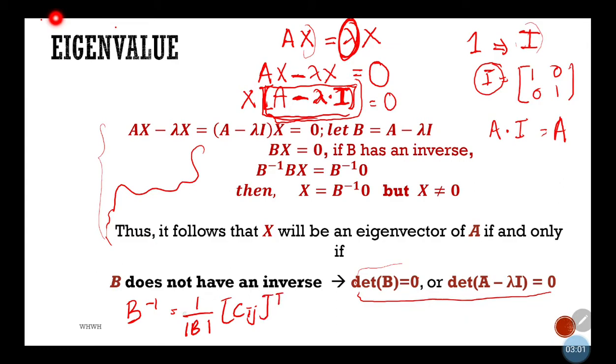So when the determinant of B is equal to zero, that is when matrix B does not have an inverse. Why do we consider the case when B does not have an inverse? That is the condition when the vector x will be an eigenvector of A.